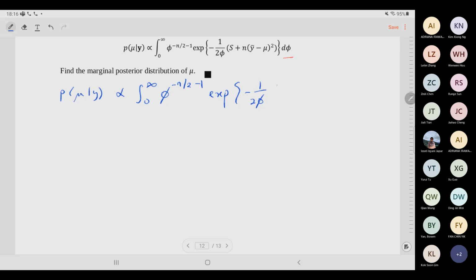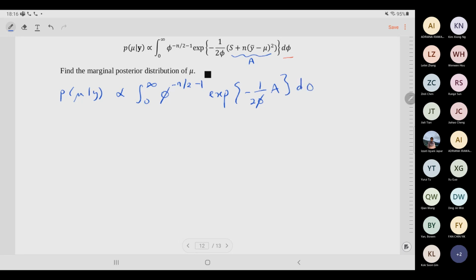Inside here, this is not a constant because you have mu, but because it's too long to write, I just call this a. This a will come out later. This is to make it easier to write.